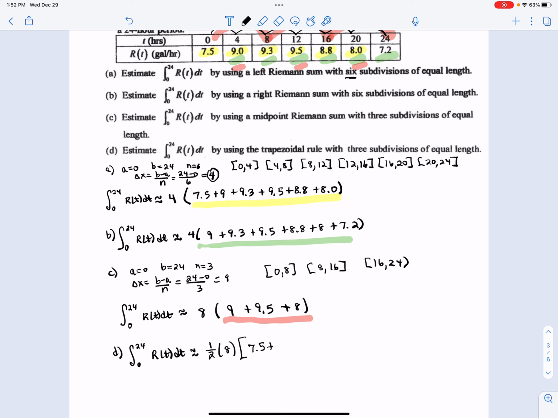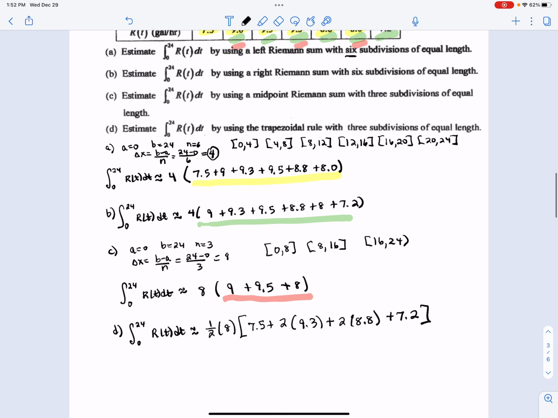Or you could do 7.5 times twice the second, which is 9.3. And then twice the third, which is twice 8.8. Okay, remember, this is 3 subintervals, not 6. And then the last. And that would be the answer with the trapezoidal sum.